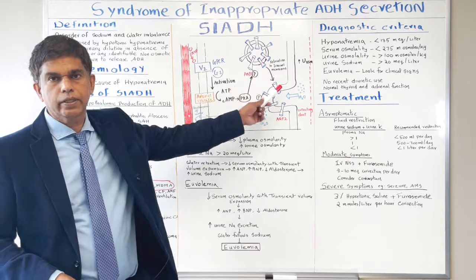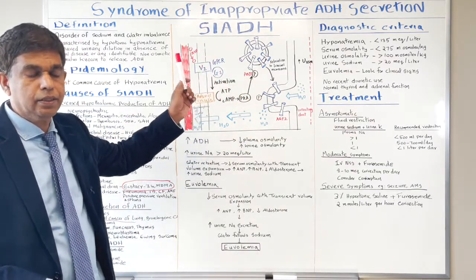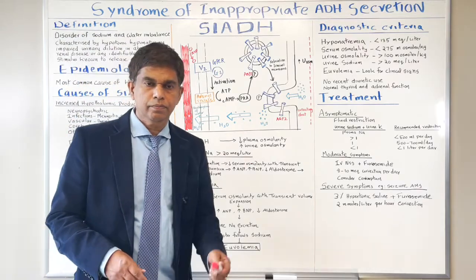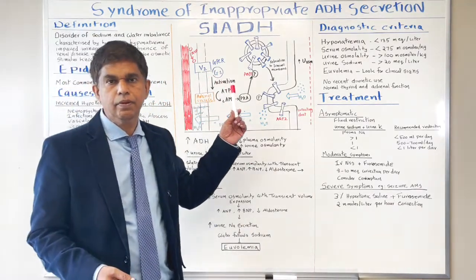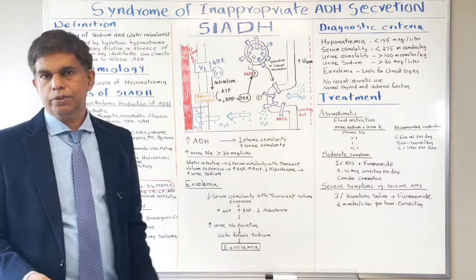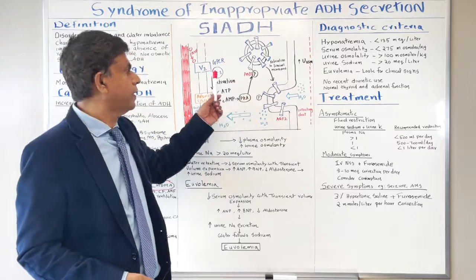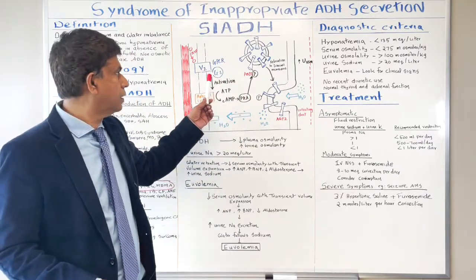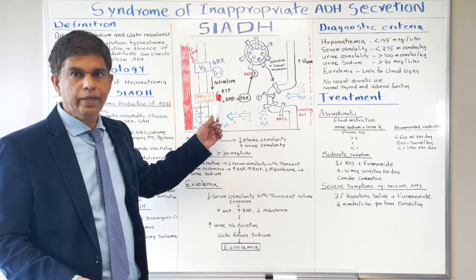Now let's look at the normal physiology. What happens? Osmolar receptors in the hypothalamus watch the osmolarity, like your V2 receptor activation in the principal cells of the collecting duct, and then you've got a G-coupled receptor, right? And then Gs protein is involved here, and then activation, right? Everybody got that?